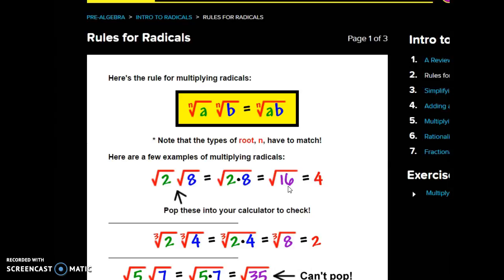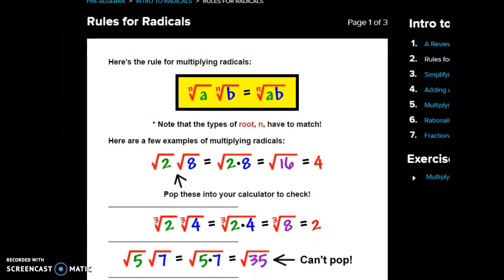We need to factor 16 and find out, is there a number times itself that equals 16? And the answer is yes, 4. 4 times 4 equals 16. So the answer to the square root of 2 times the square root of 8 is 4.